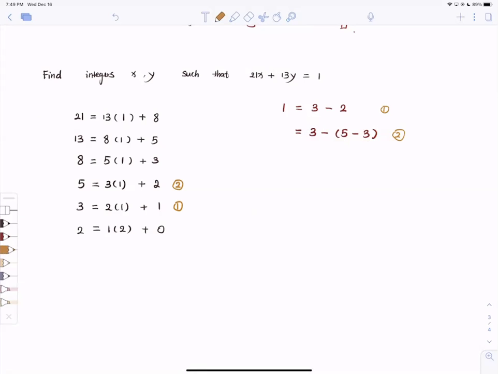So this equals 3 minus 5 plus 3. And I'm going to group those two together. So that's 3 times 2 minus 5. Okay? Any questions so far?